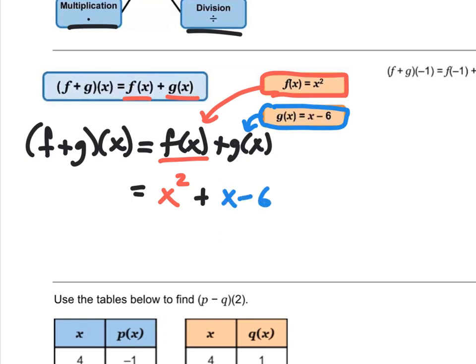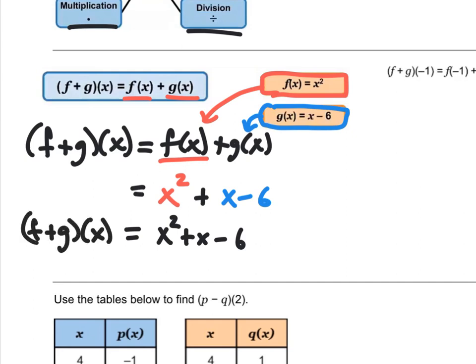I'm taking one function and adding another function, and what I get is a brand new function: x squared plus x minus 6. This is the sum of f and g of x.